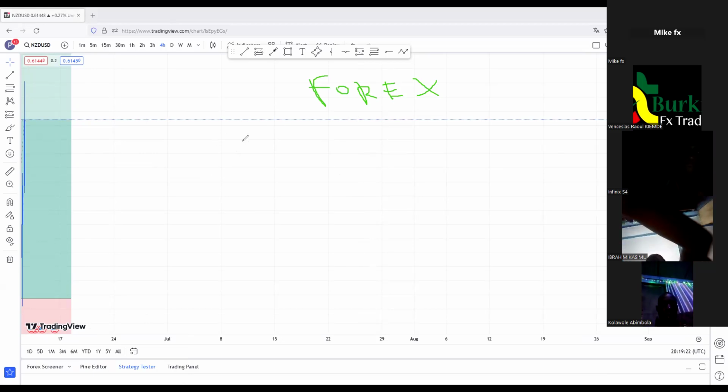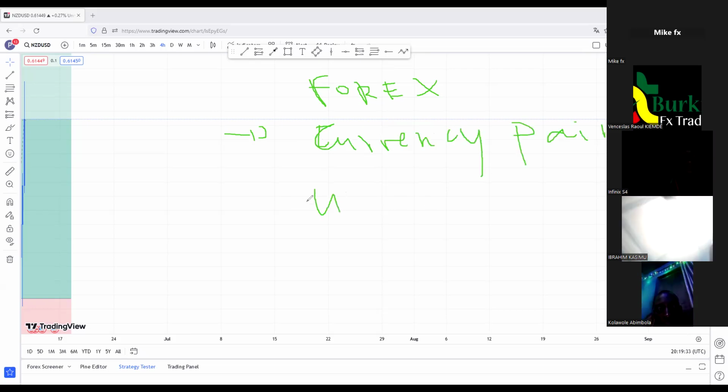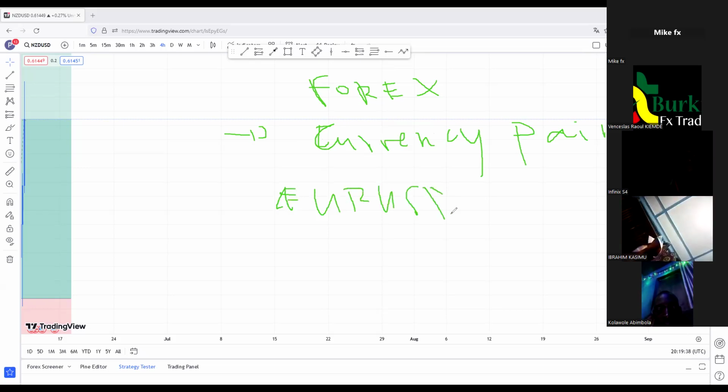This is why we speak about currency pairs, like EUR/USD, GBP/USD, and so on, right?